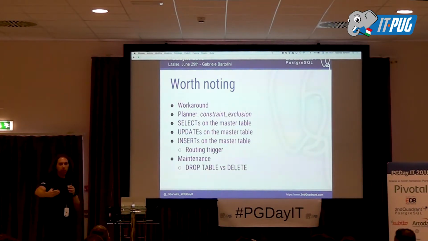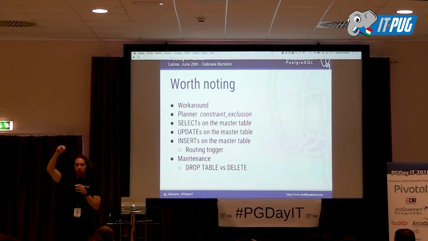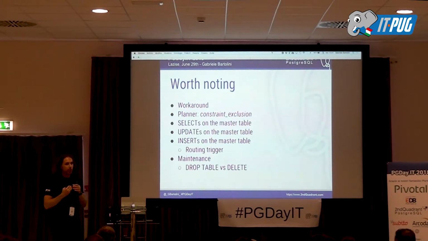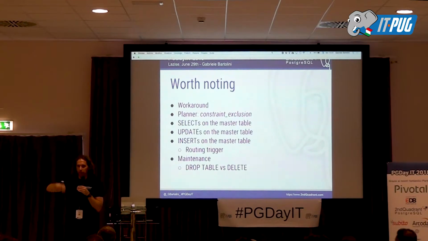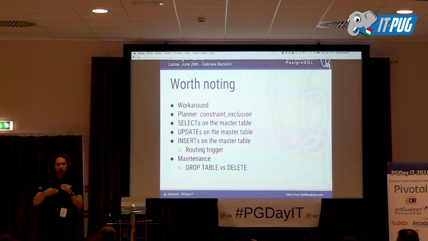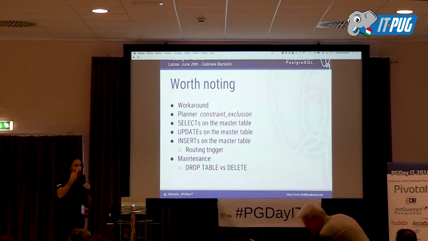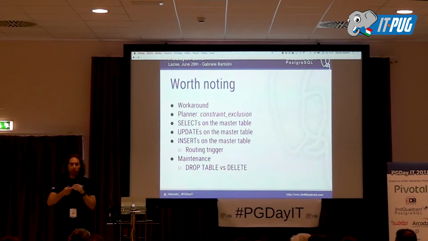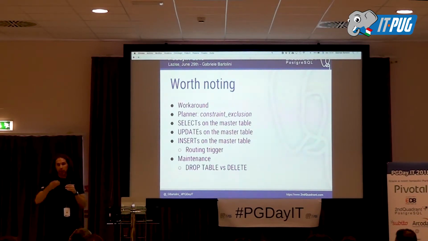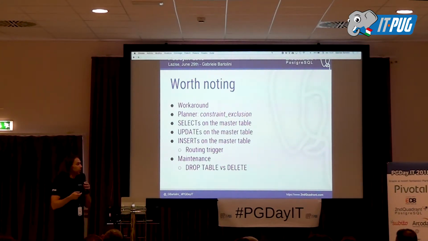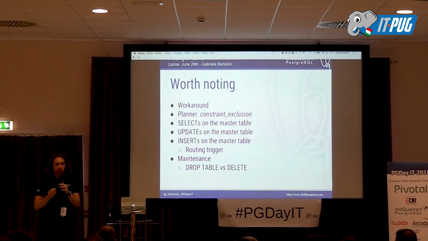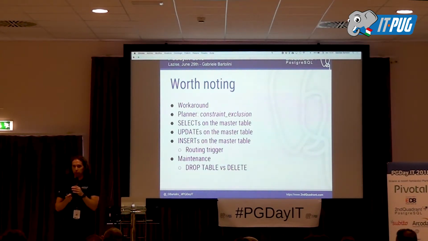If I perform a select operation on the master table, it's automatically sent to all the child tables, in a linear, sequential way. There's an optimization. Probably you have seen this option, constraint exclusion, which is, again, a linear algorithm that prunes at planning time those partitions that do not match the search criteria of the where condition.